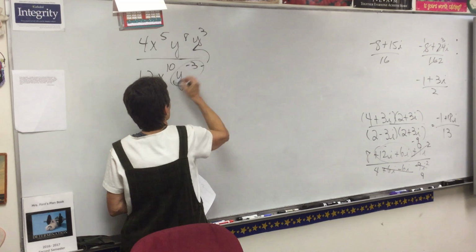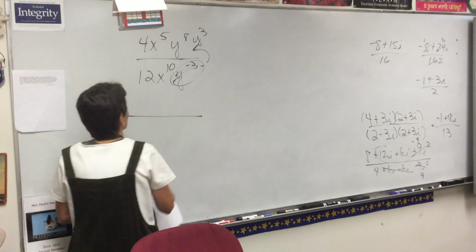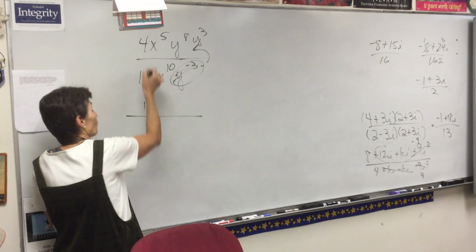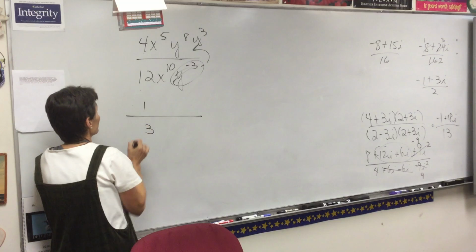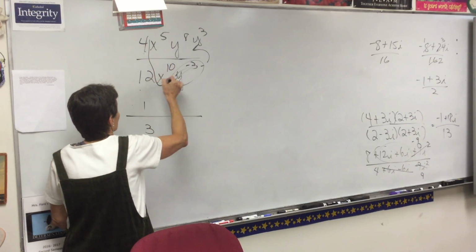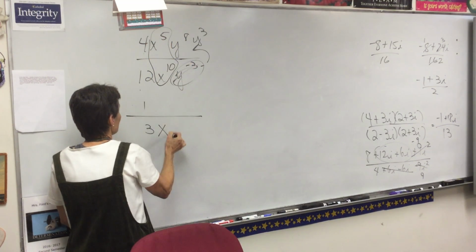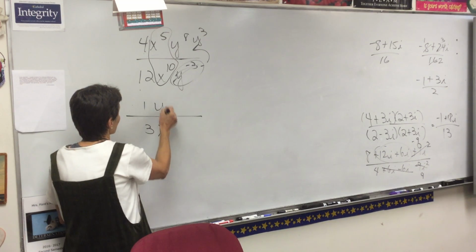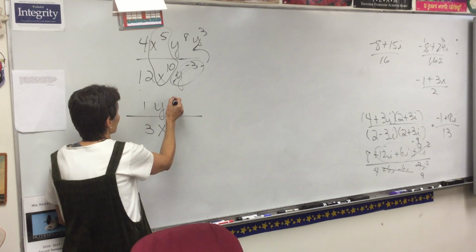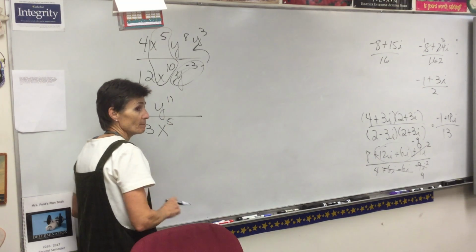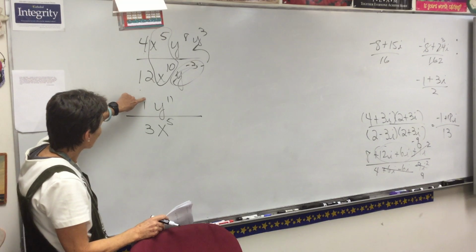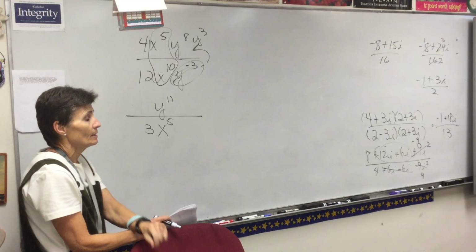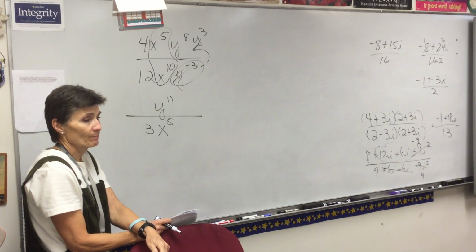So we're going to have y cubed up there. So Solomon says 4 over 12, 1/3. X how many on the bottom? 5. X to the 5th on the bottom. Y to the 11th on the top. And you don't actually have to have this 1. It doesn't hurt anything, but you don't absolutely have to have it in your answer.